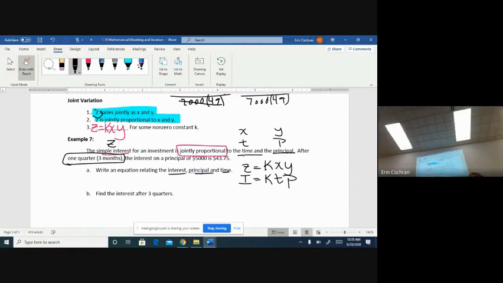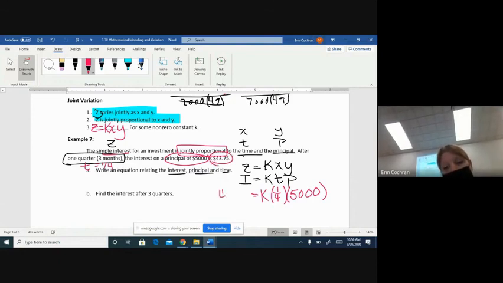So remember, time is always in years. So 1 quarter is represented as how much of a year? 1/4, right? So my T is equal to 1/4. Principal is 5,000. So that goes in the P, nothing we have to do there. K we don't know. And my interest is $43.75.